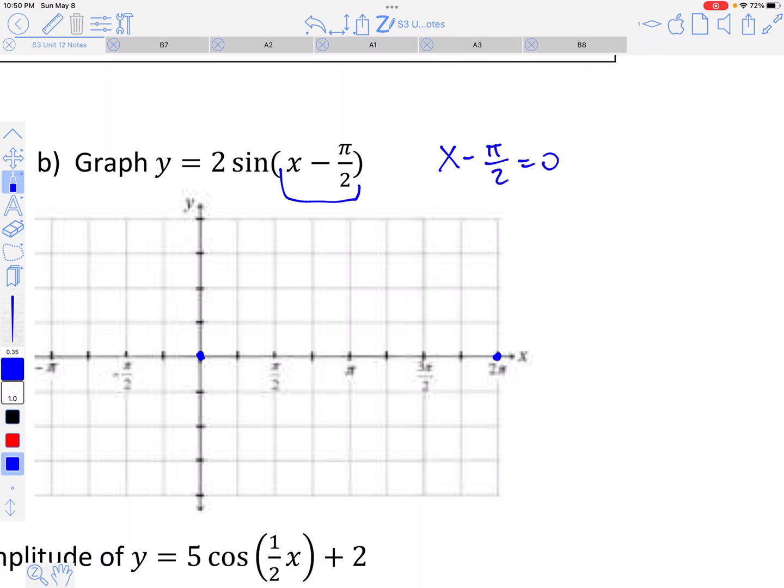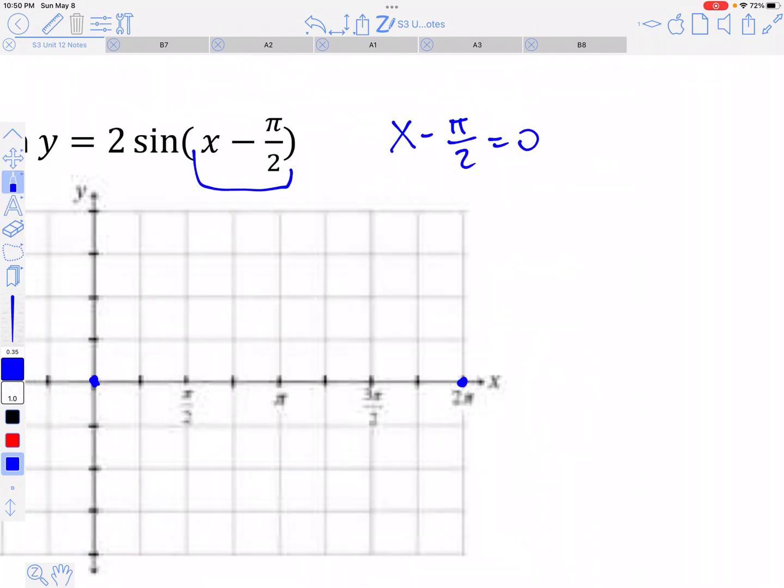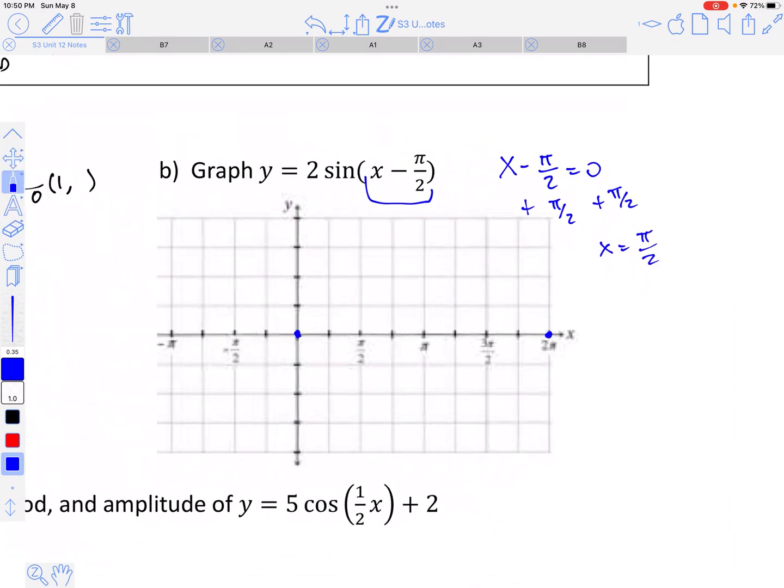So we're going to set this equal to 0, because that's what we talked about earlier. We're going to add pi halves. So x equals pi halves. So this is a positive phase shift. Positive means we're going to move to the right. So we're going to start our graph here at pi halves.